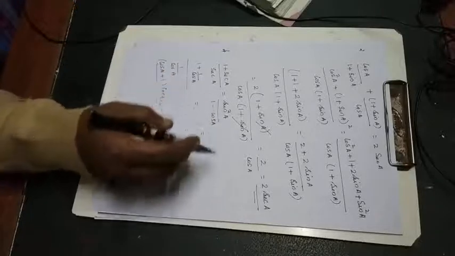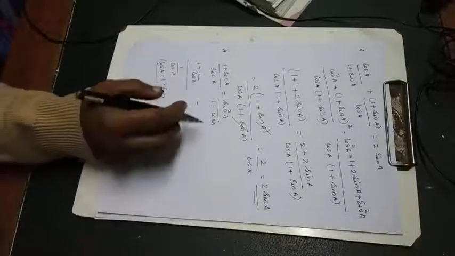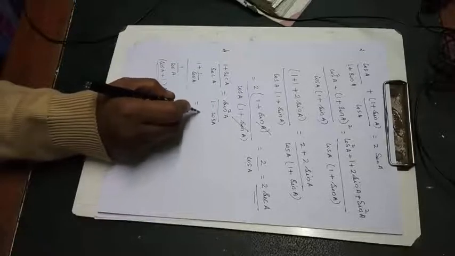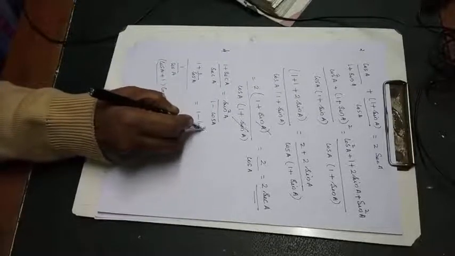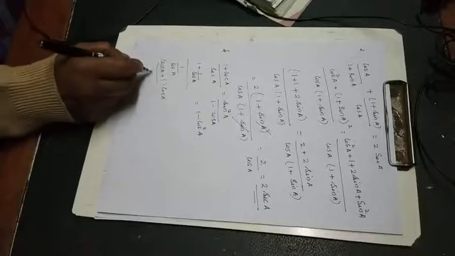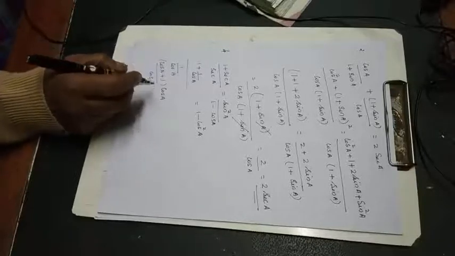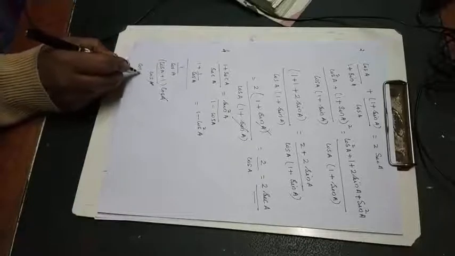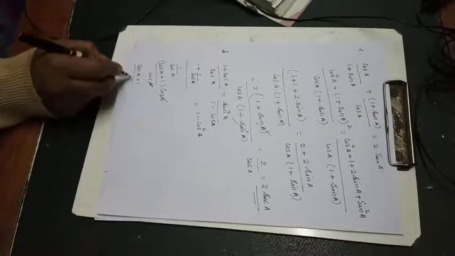Now here sin square theta is equal to 1 minus cos square A by 1 minus cos A. cos A is there, so it will get cancelled, remaining it will come cos A plus 1 here.